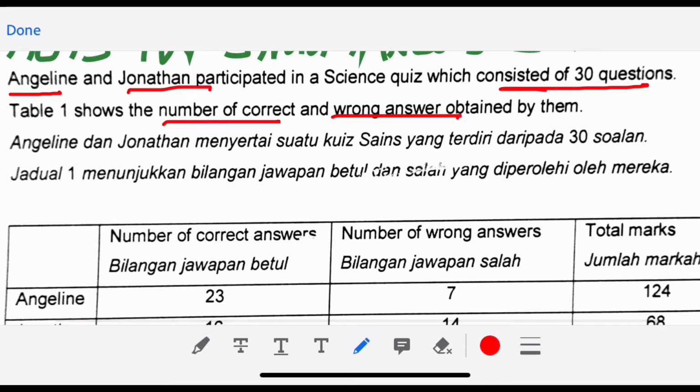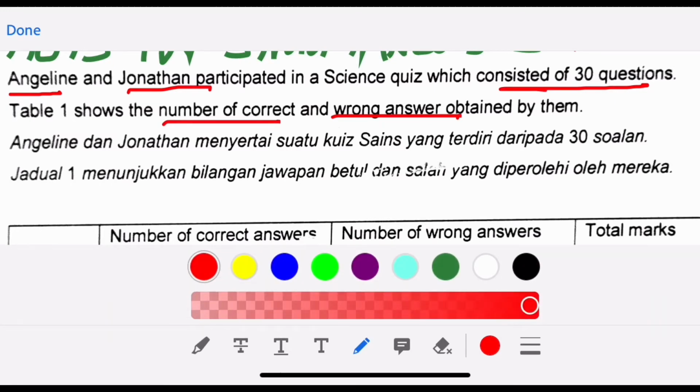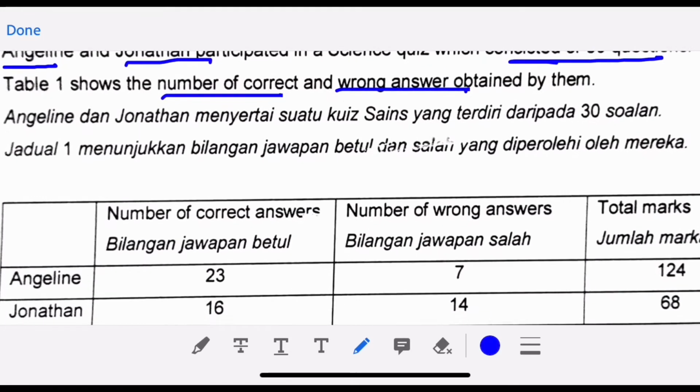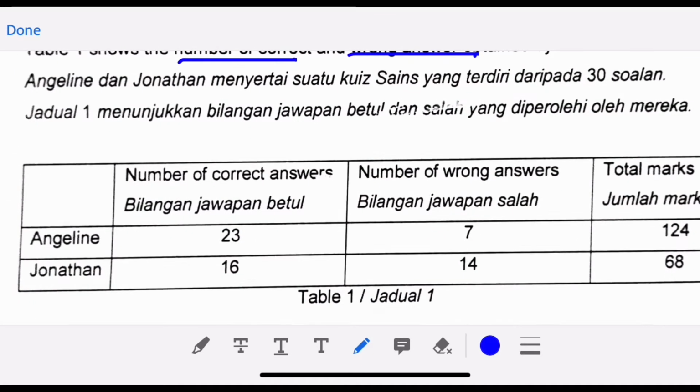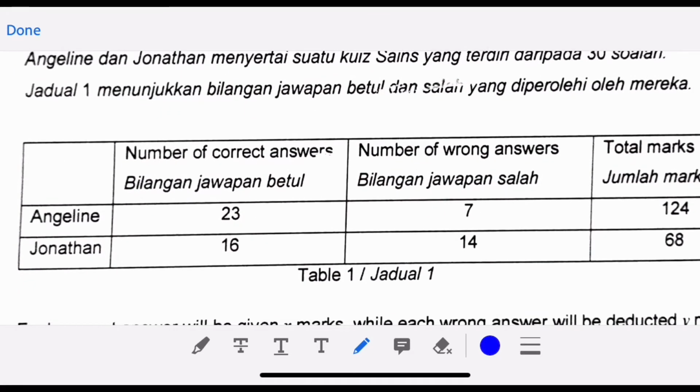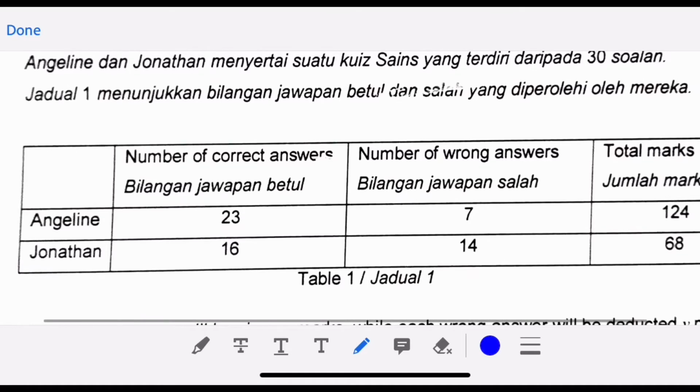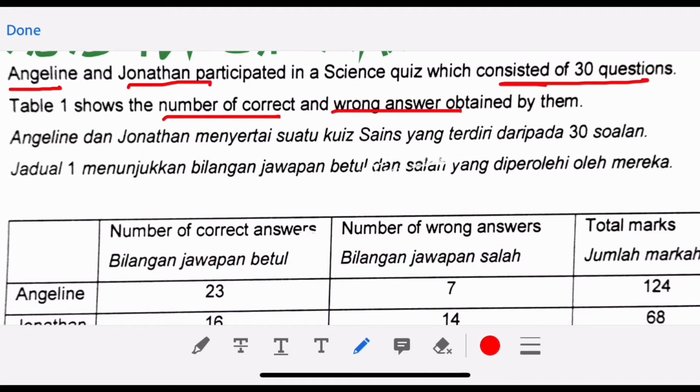So the table shows the number of correct answers for Angeline and number of wrong answers for Angeline and the total marks. So for Angeline 23 is the correct answer and 7 is the wrong answer and total mark is 124, right? So we will assign the variable for Angeline as X, and X here is actually the marks.